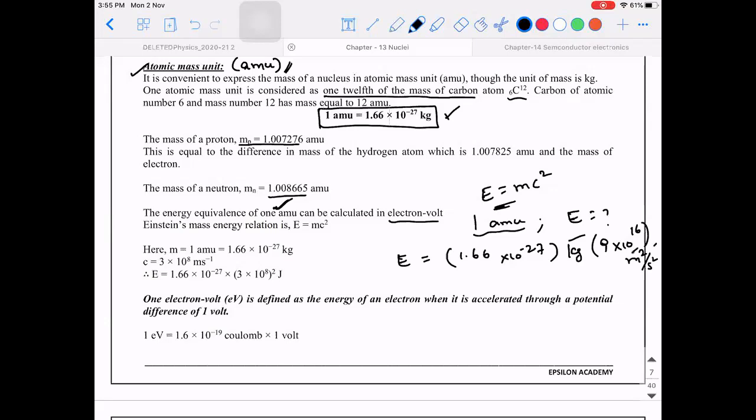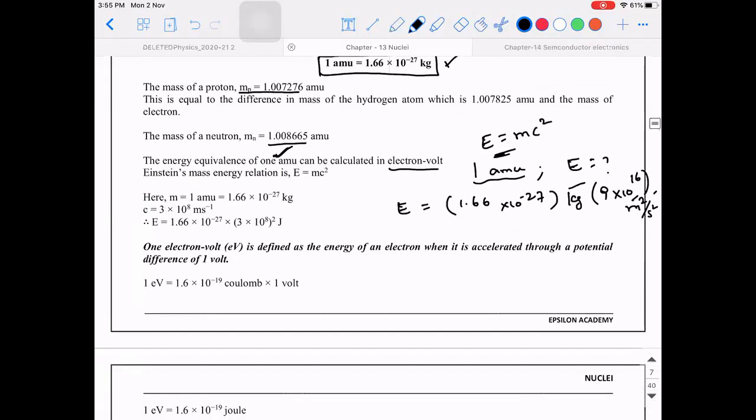Kilogram meter square per second square is called joules. Right. So you guys can use calculator. Tell me what is 1.66 into 9. I think this is a simpler one. 1.66 into 9 is how much? Into 10 power minus 27 into 10 power 16 is 10 power minus 11 joule.